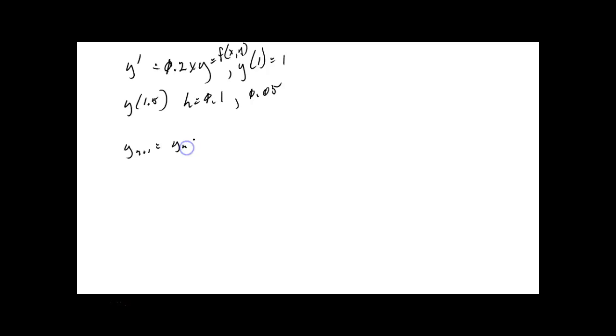Y sub n plus h times f of x sub n, y sub n. Which is y sub n plus, and your alpha of that is 0.2 x sub n, y sub n.